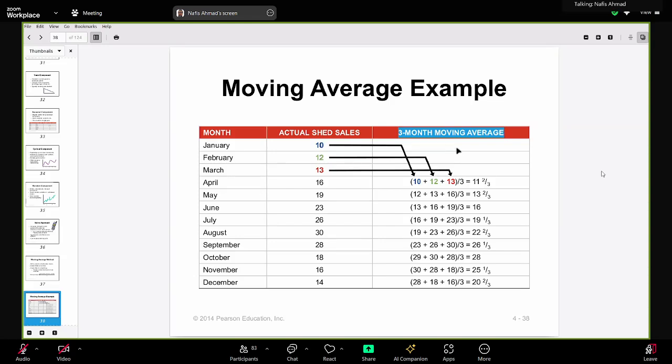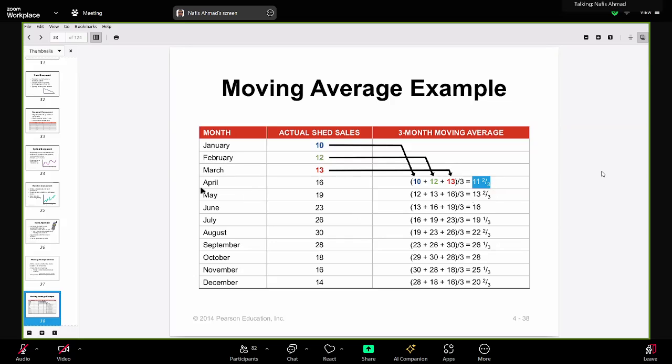So depending on the situation, what is your expectation, what type of moving average you want to use? In case of a 3 month moving average, you take the immediate past 3 months data, and then take the average.